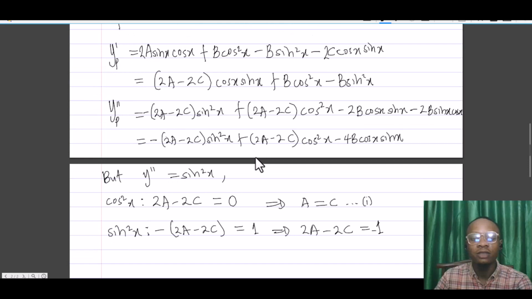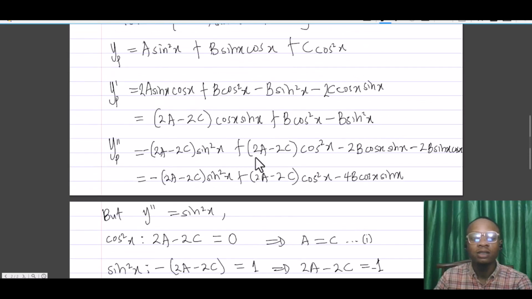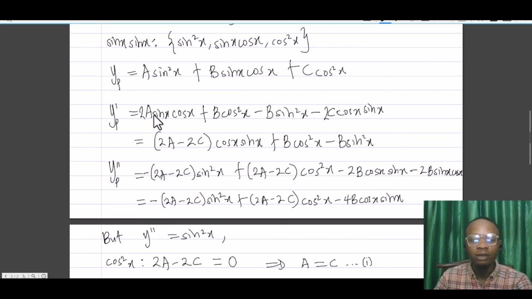Let's check the differentiation again in case there's any problem with that. So this was 2a sine x cos x, and 2a sine x cos x. Then differentiating this, that is b cos squared x, then minus b sine squared x.